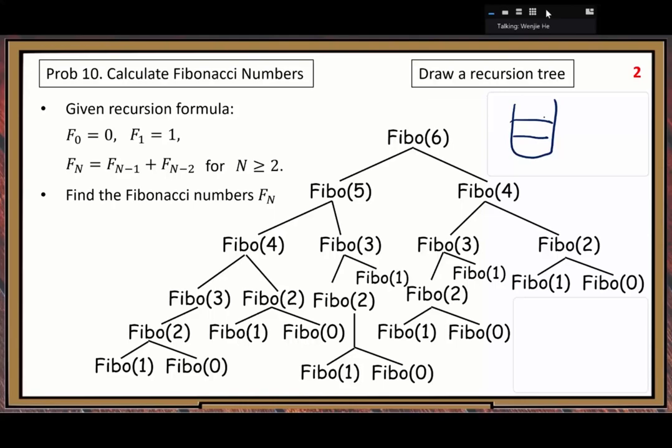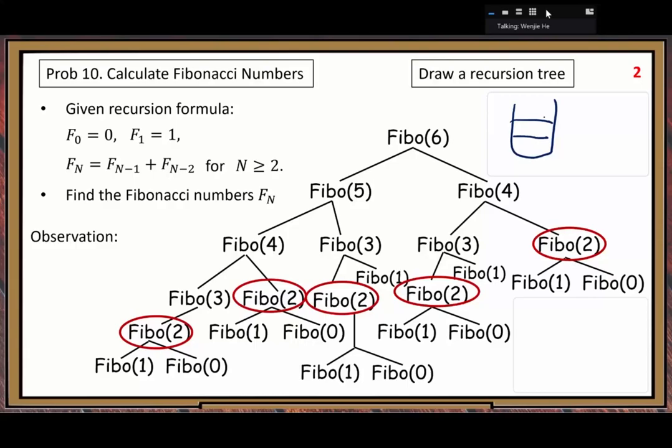Lauren? Yes, huge redundancy. The same Fibonacci number, let us use F of 2, is repeated so many times. Look at that, so many times.